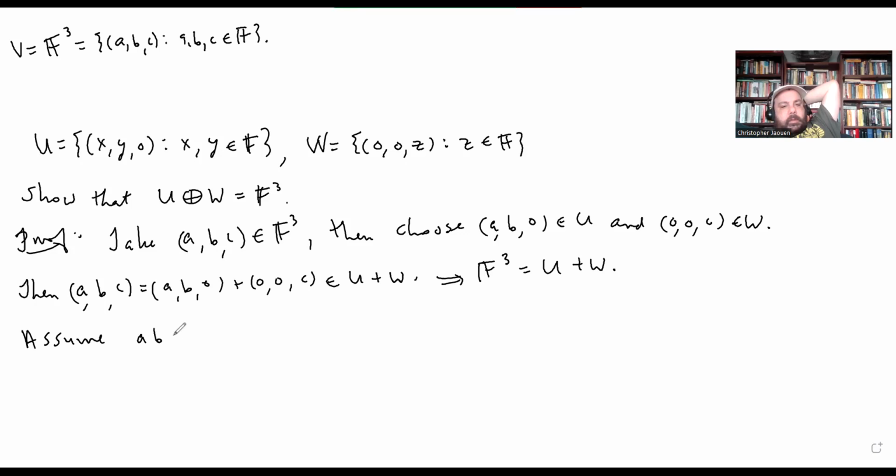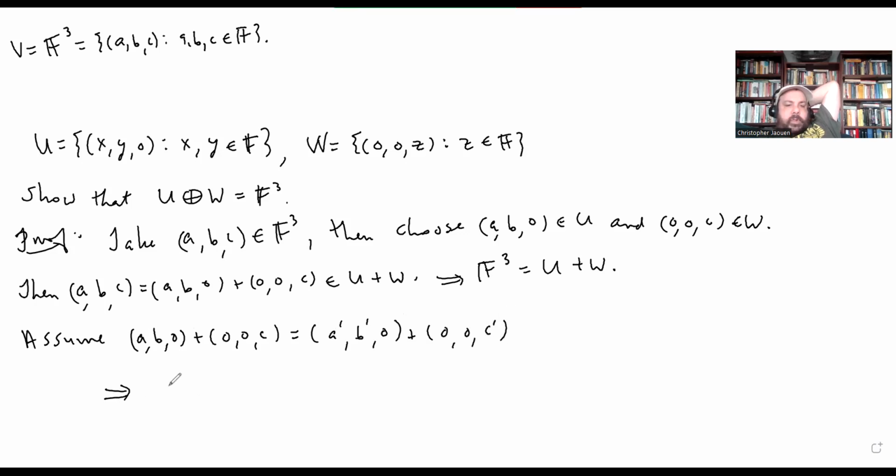(a, b, 0) plus (0, 0, c) equals (a', b', 0) plus (0, 0, c'), right?